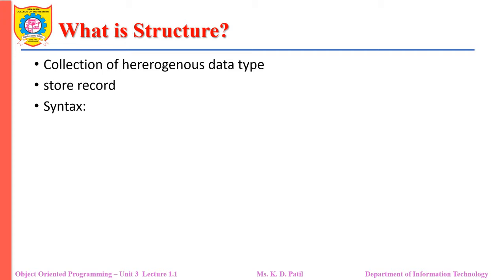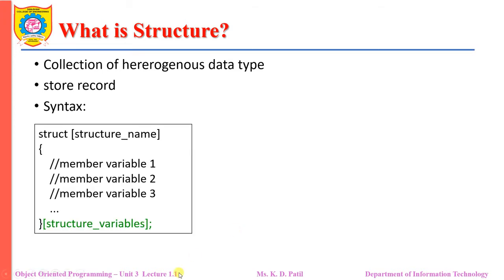Now let us see the syntax of a structure. Here I have a structure syntax. Here I need to use struct as a keyword followed by the name of the structure, and inside the opening and closing curly parentheses I have the structure members, which can be accessed by the structure variables, and I have to create the structure variable for accessing the members of the structure.